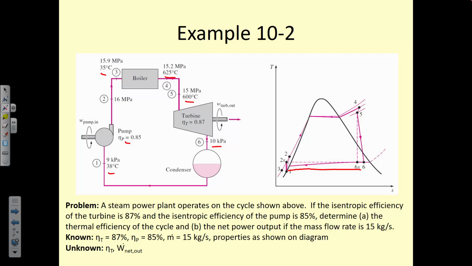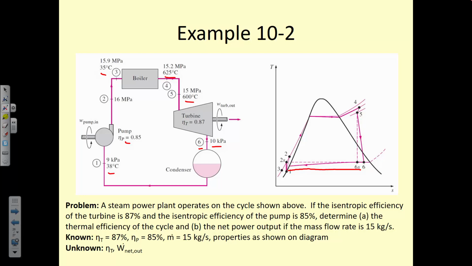But because we're given all those distinct pressures, we can. So we have a lot of different states to analyze. We have now 6 states rather than 4, as we did before. We have our isentropic states and our actual states, so we have to look at it that way.